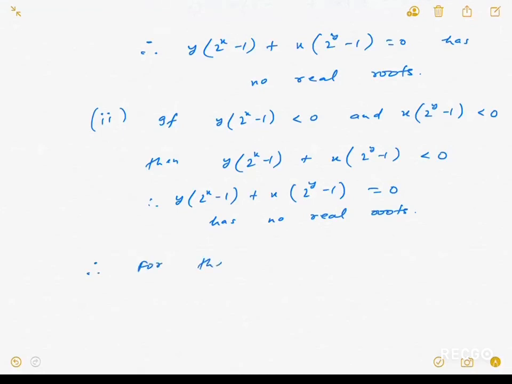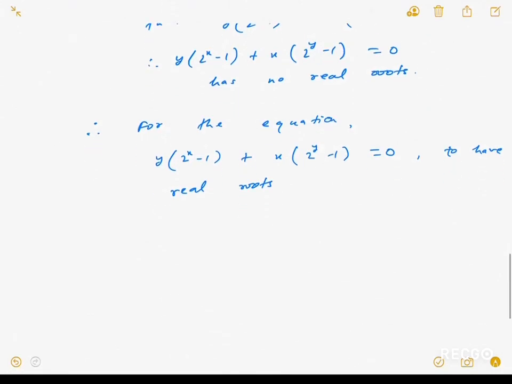So now the possibility left to be discussed is for our equation, y into 2 to the power x minus 1 plus x into 2 to the power y minus 1 equal to 0, to have real roots. Now all of you should be very clear about it, that if this equation has real roots, then both of these terms must be equal to 0 simultaneously, right?